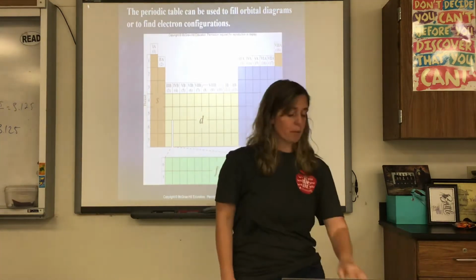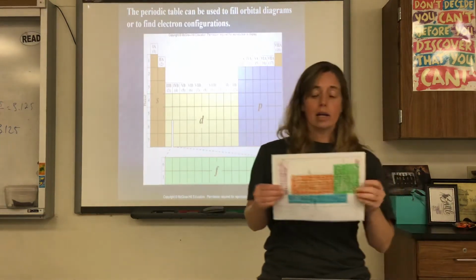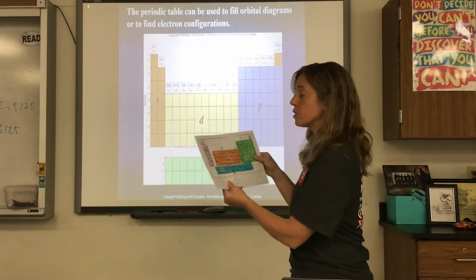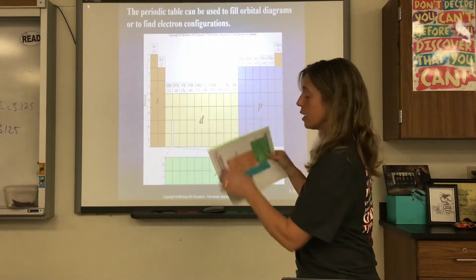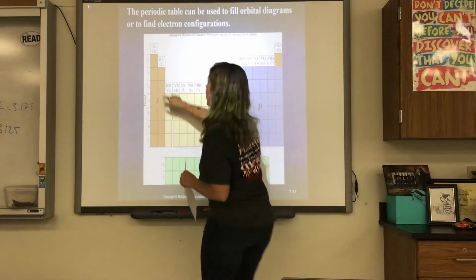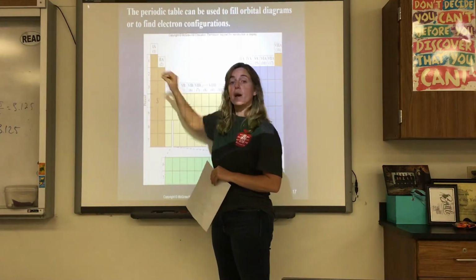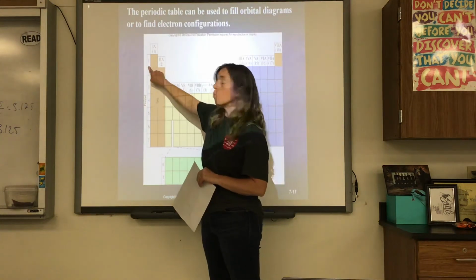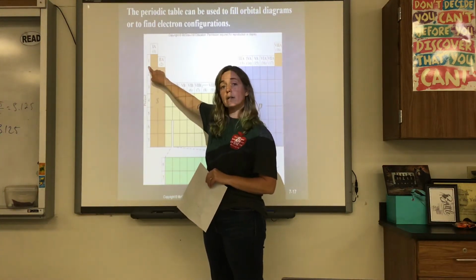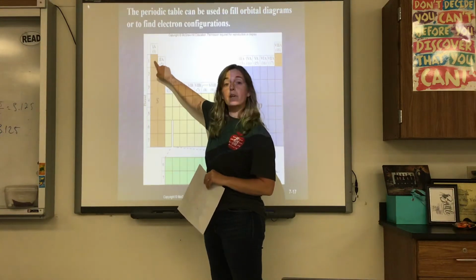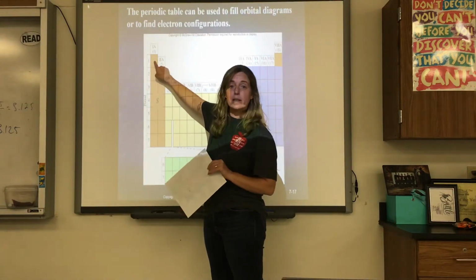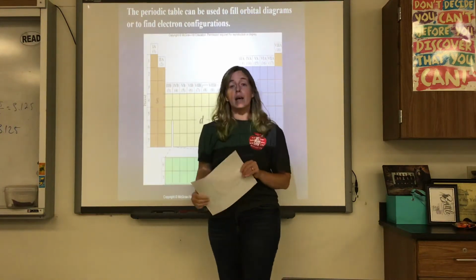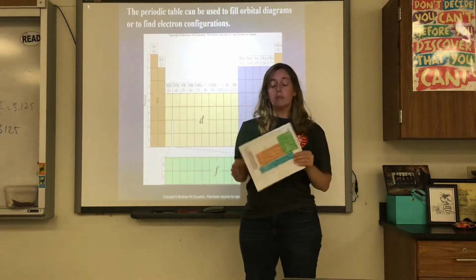For example, if I were to write an electron configuration for hydrogen, hydrogen is located right here, okay? I'm going to write 1 for the row that it's on, S for the color sublevel that it's in, and then it's the first one in the S sublevel, so it'd be a column.